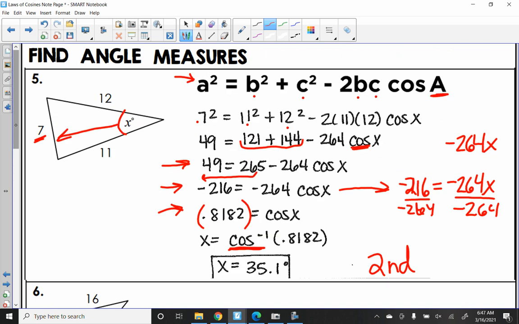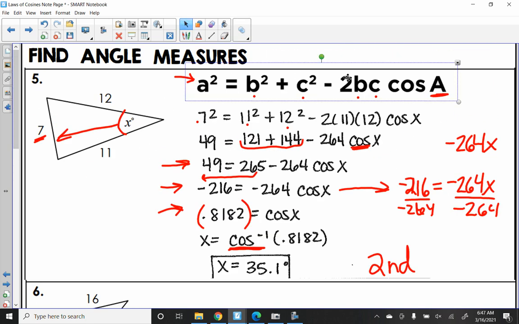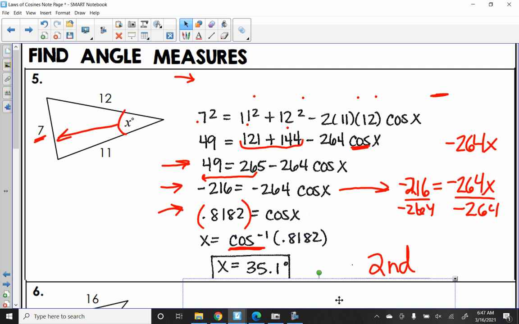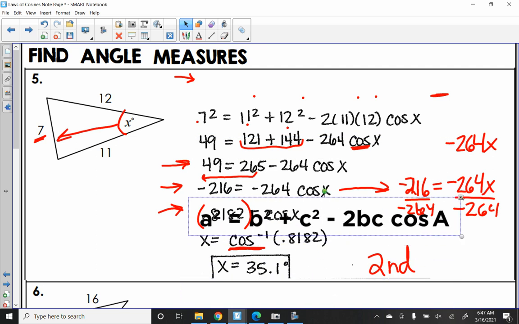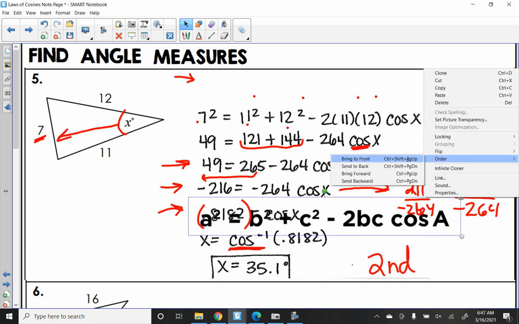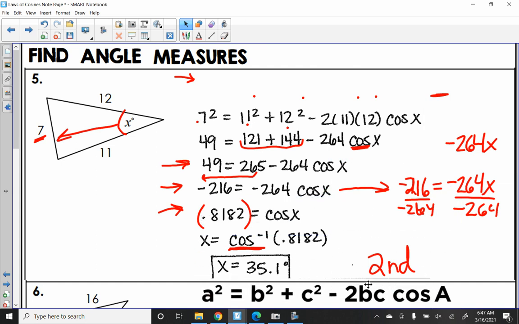Okay, so let's look at a new equation. First off, I got to make this come forward so it doesn't go to the back.